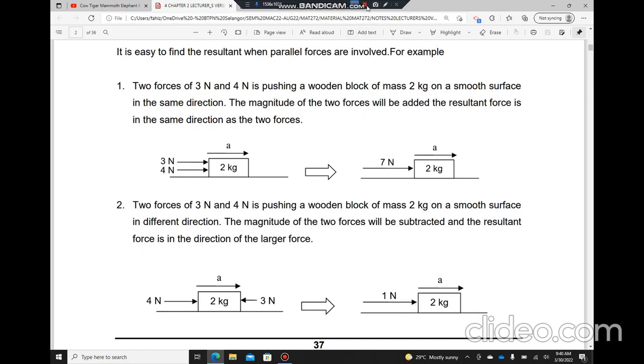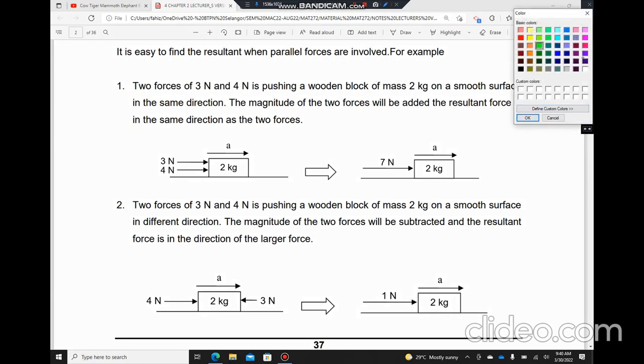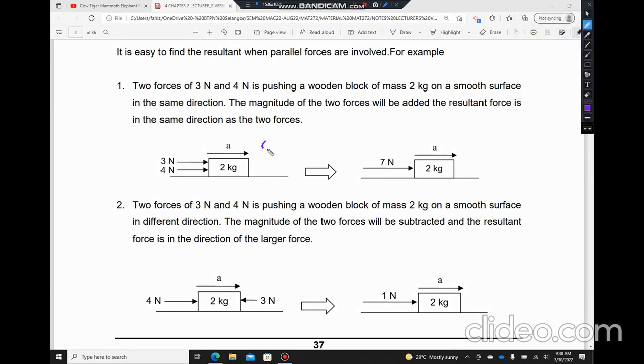So it is equals to 7. Kita just add 3 plus 4. So that's why you get 7 Newton. Sebab dia parallel kan. Dua-dua ni parallel dan dia direction yang sama ataupun arah yang sama.